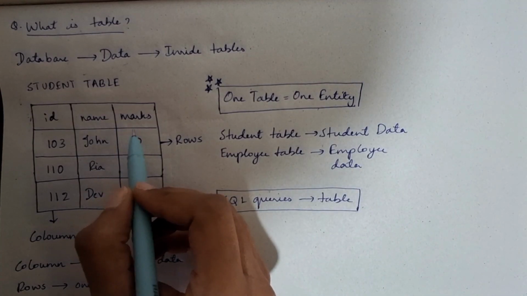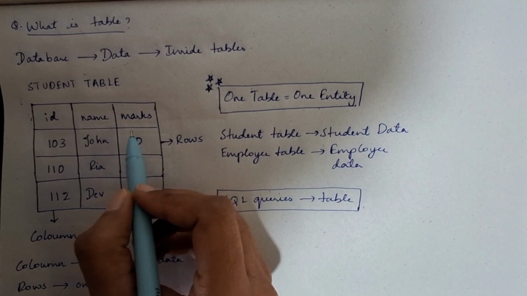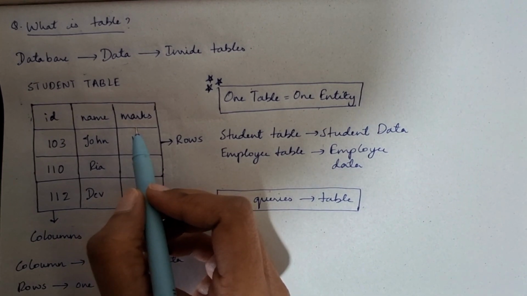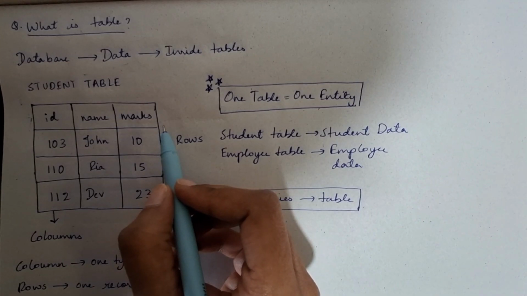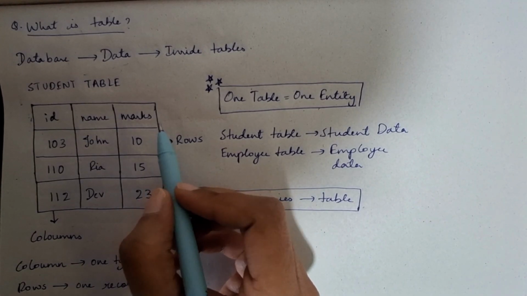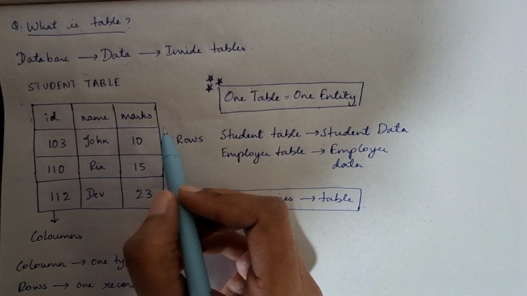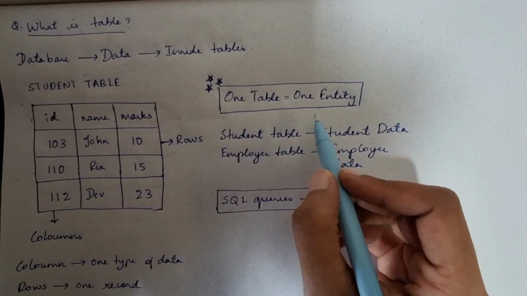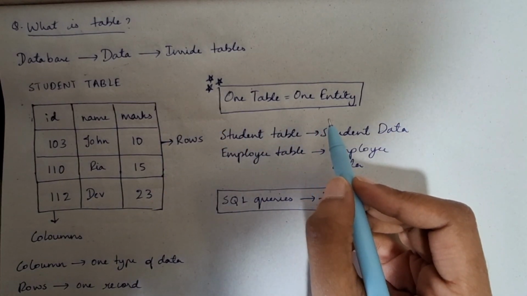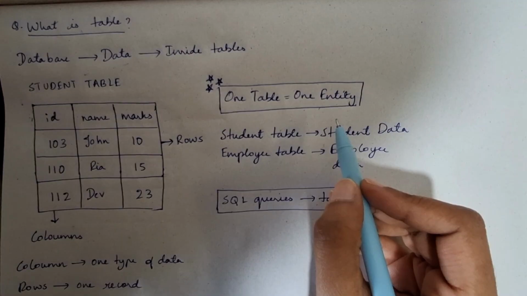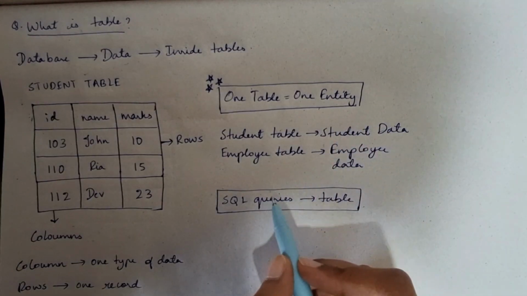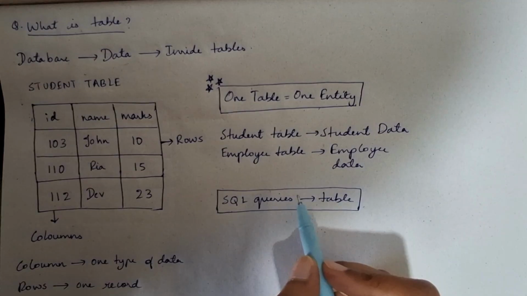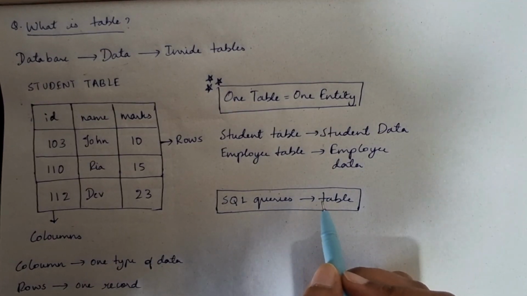We should not store employee data inside a student table. This will create confusion. Similarly, an employee table stores only employee related data, that is employee ID, employee name, and employee salary. So remember this rule: one table is one entity, that is, a table should have only one type of data. And also when we write SQL queries, we always write queries on a table.